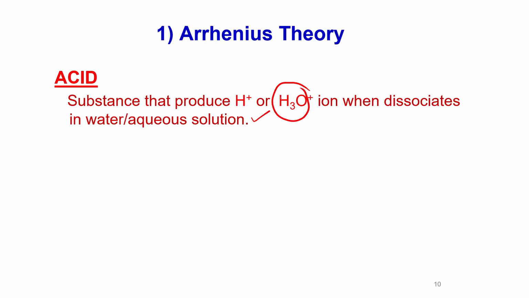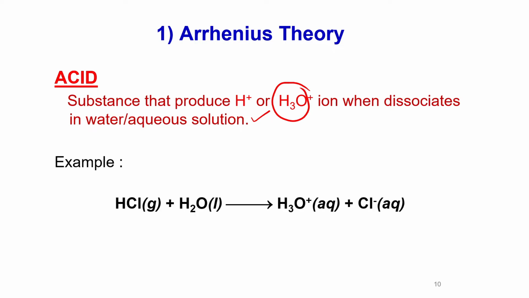For example, HCl plus H2O liquid: hydrogen will dissociate from Cl, and then hydrogen will combine with H2O to produce H3O plus. So HCl is an acid.